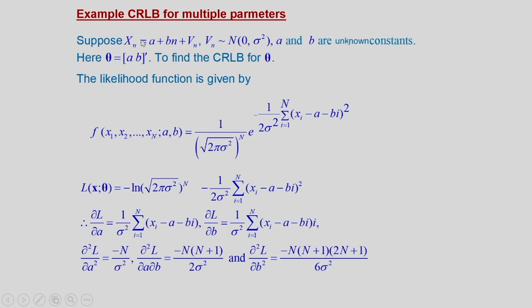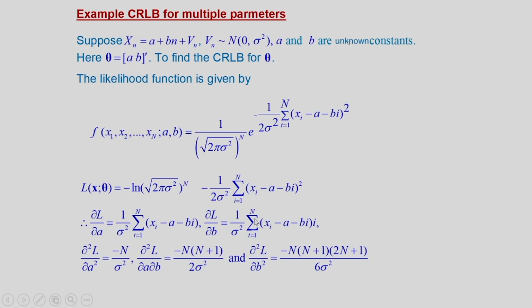Suppose x_n equals A plus B n plus v_n, where A is a constant and there is a trend B n, and v_n is Gaussian noise and the noise samples are independent. A and B are the unknown parameters. Here the parameter vector theta is equal to [A B] transpose. Now, we have to find the CRLB for theta.